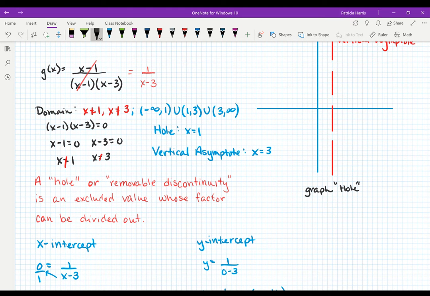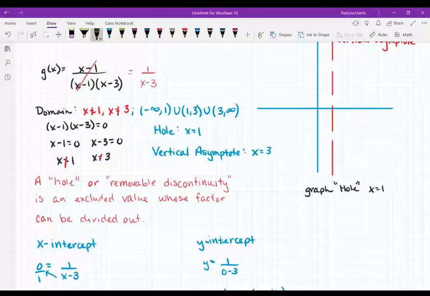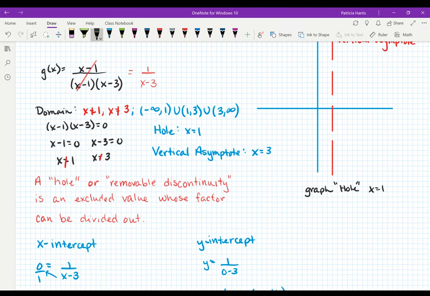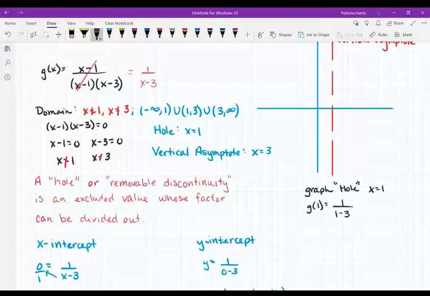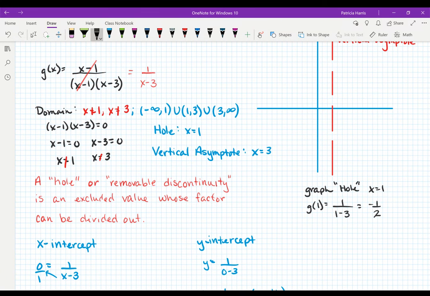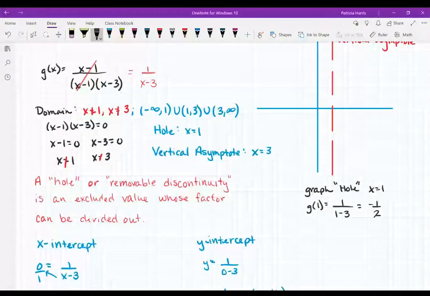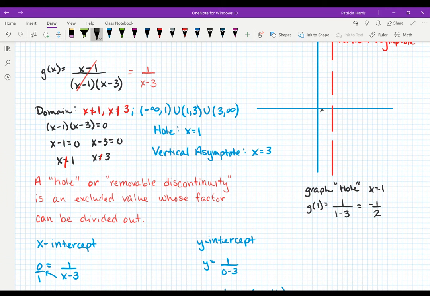Our hole happens at x equals 1, so our hole would happen at negative 1/2. When you graph it, you literally graph a hole in the graph. So we're going to find x equals 1, we're going to find negative 1/2, and we're going to put a big old hole right there.